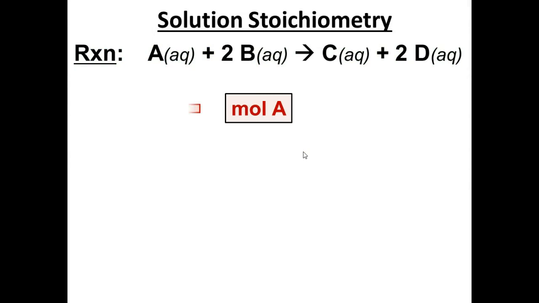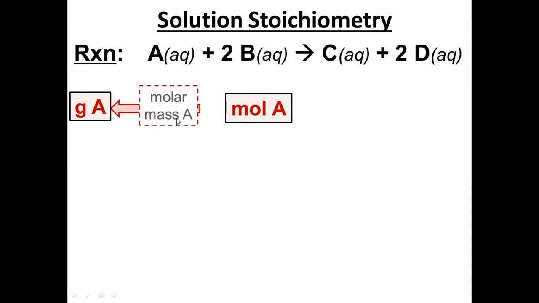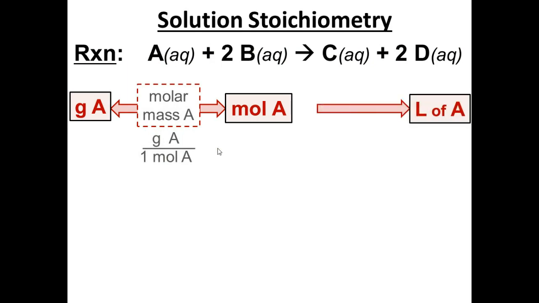For moles, we can go to grams, and we've already learned that in plain old stoichiometry. So remember using the periodic table and molar mass, which is grams per mole, and then we have molarity, which is pretty new earlier this unit, and it's moles per liter.